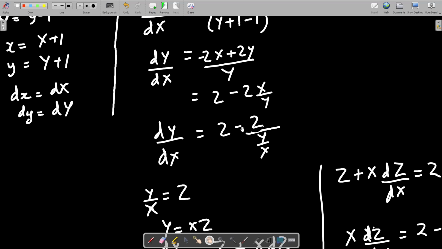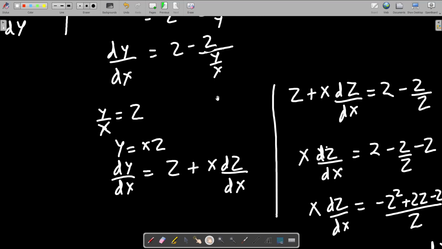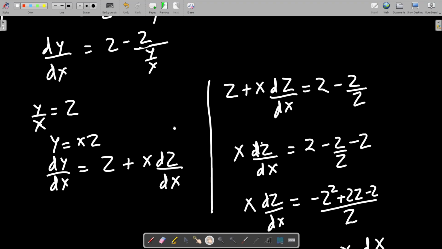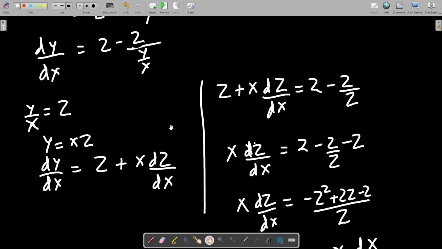Y by x. So z x plus dz by dx, z plus x plus dx, 2 upon 2z. So this will go this side, so this will become z square.